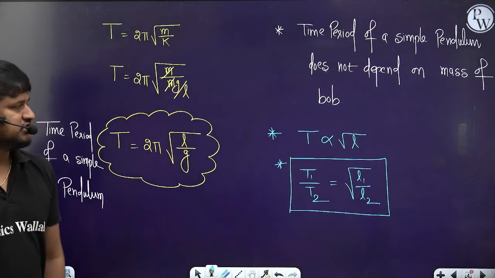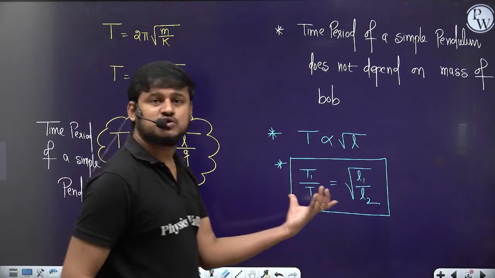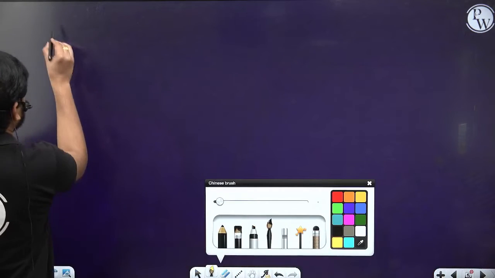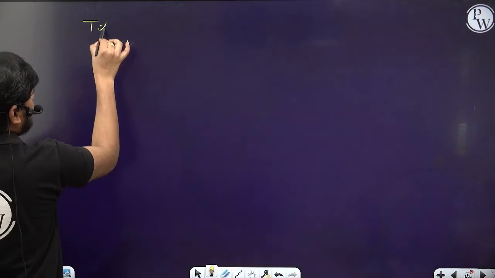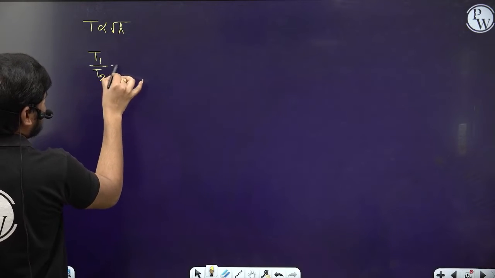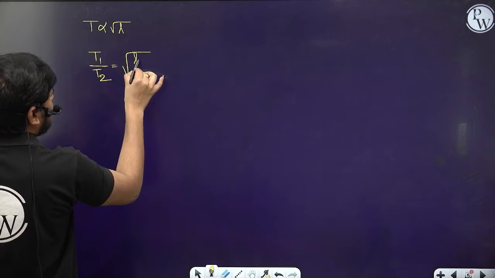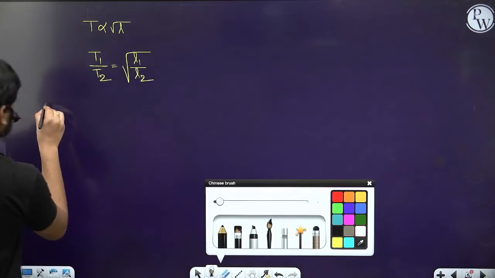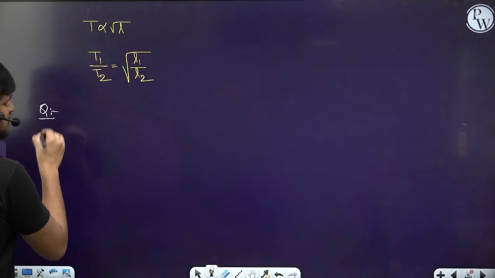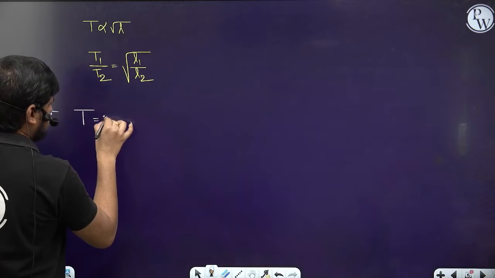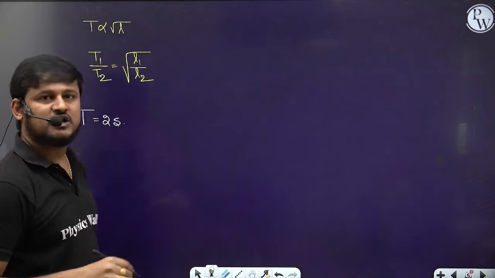Clear? Based on this, questions can be framed. So let me take a simple question. We know that the time period is directly proportional to root L, so T1 by T2 is root over L1 by L2. Now consider the time period of a pendulum is 2 seconds.